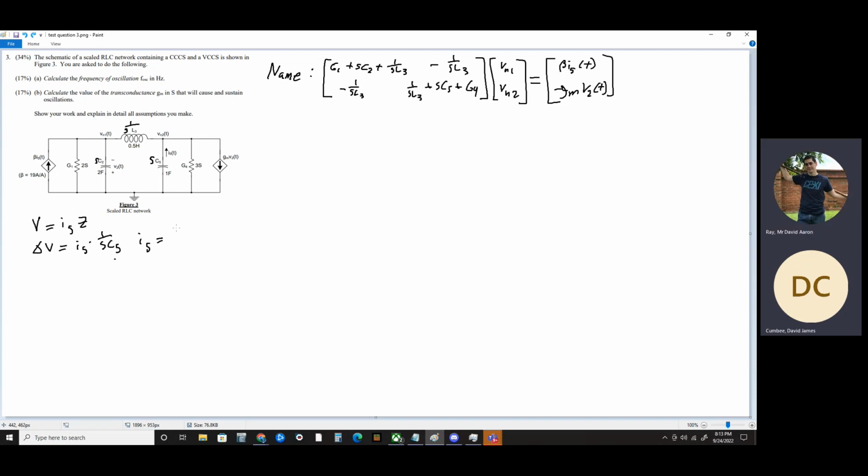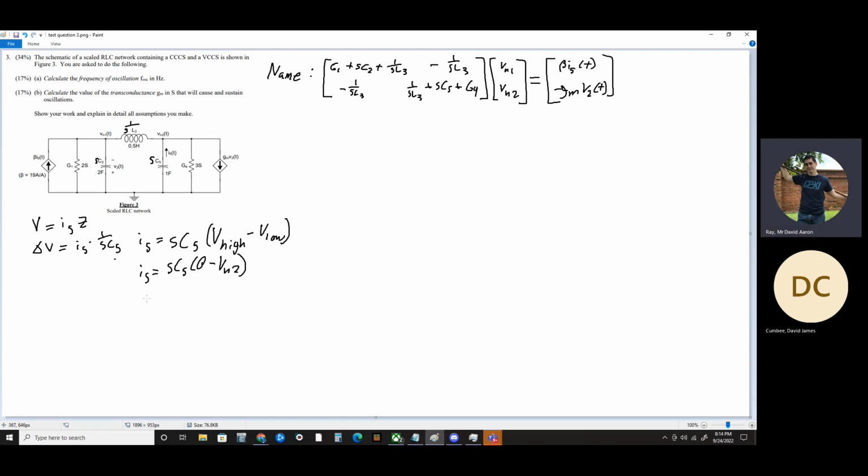Whatever. So you're going to have the conductance, let me say conductance as SC5, and then current flows from high V to low V. Since it's flowing up, that means this is high and this is low, and that means that I5 is going to equal SC5 times 0 minus Vn2.